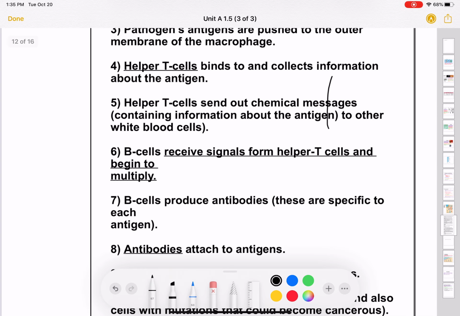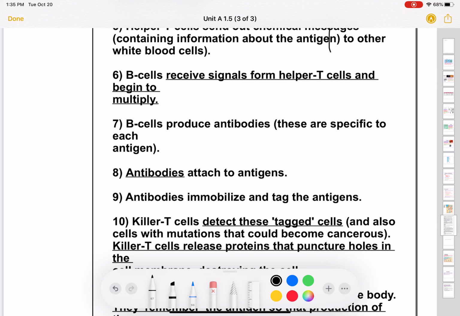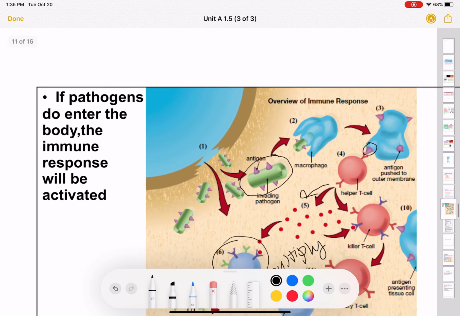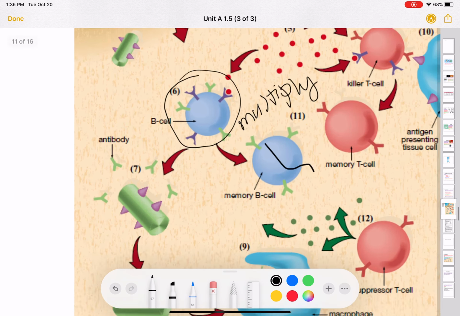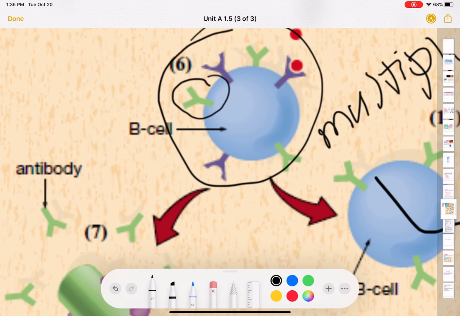So B cells will produce antibodies for that specific antigen, and then the antibodies in the next step will attach to the antigen. So they've created these, these are our antibodies right here.